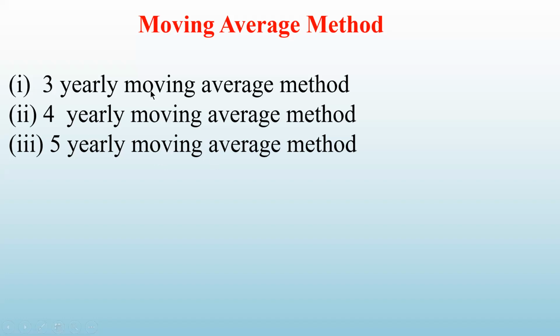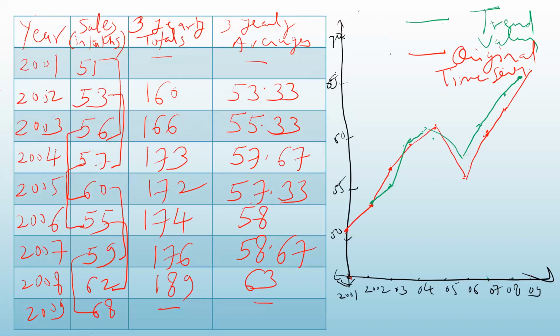I'm going to explain this with the help of one problem. What is 3-yearly, 4-yearly, and 5-yearly? In these moving average methods, we find the estimated trend by taking the average of the current year value, previous years, and the next years. Let us see the example.